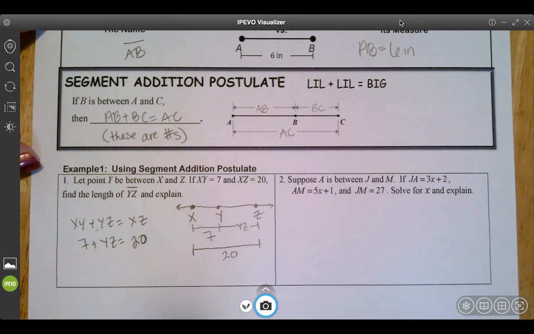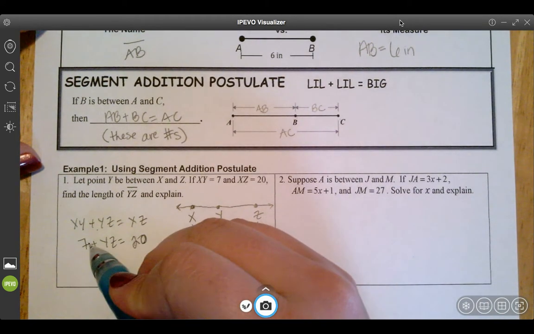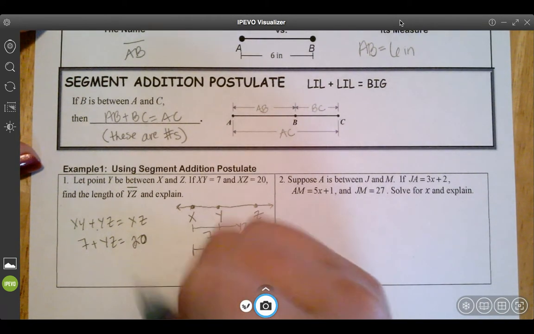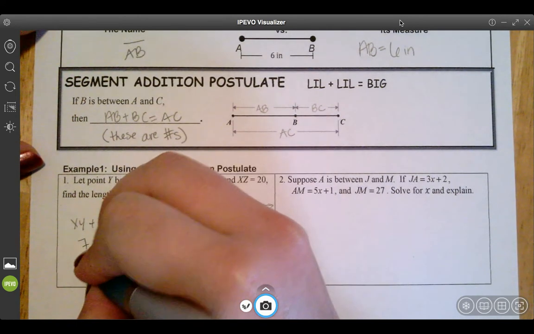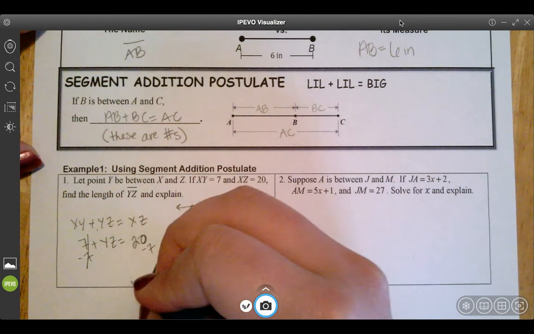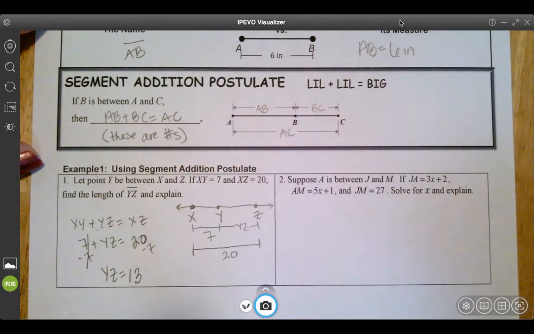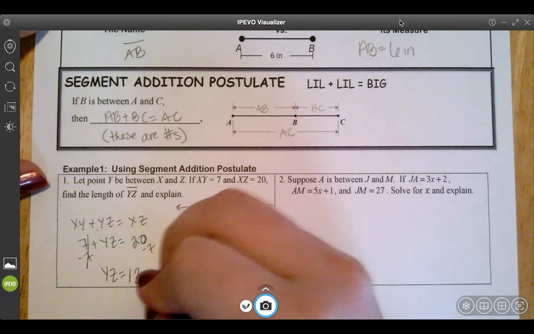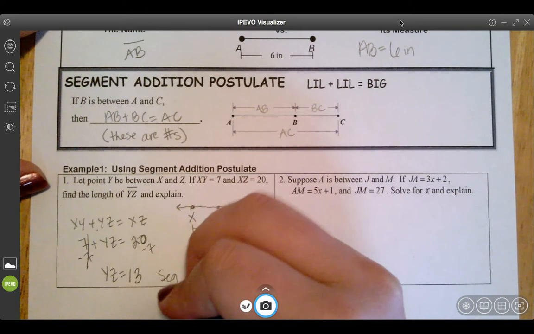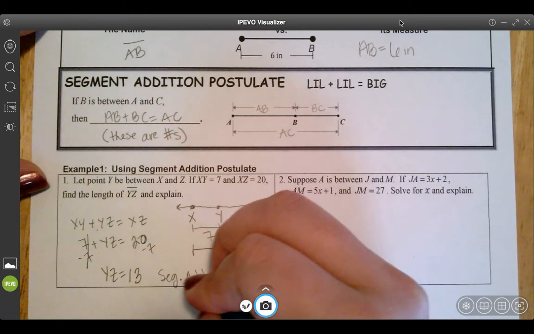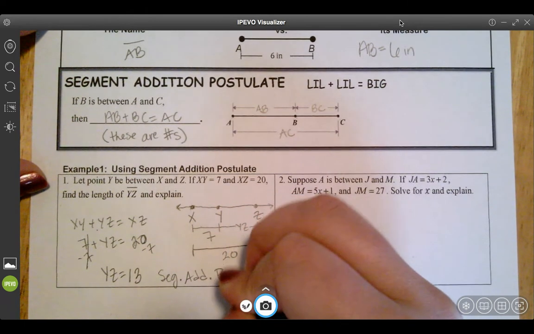And then from here, we use the same rules of algebra that we can compute with. So property of equality says I can subtract 7 from both sides. Minus 7, minus 7. So then YZ equals 20 minus 7, which is 13. And this is by segment addition postulate.